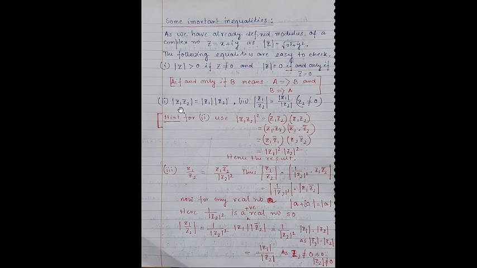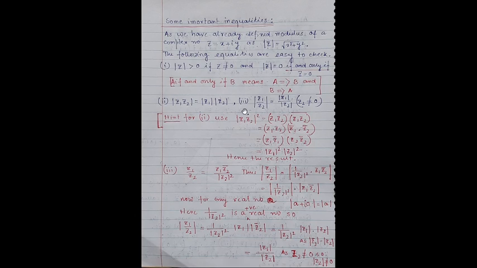modulus of z1 z2 is the product of the two moduluses, and if z2 is not 0, then modulus of z1 by z2 is the division of the moduluses. I have shown the whole thing, because you must know how to work with this.